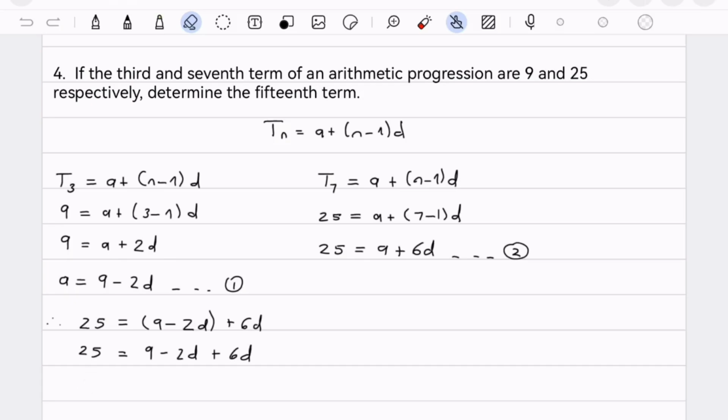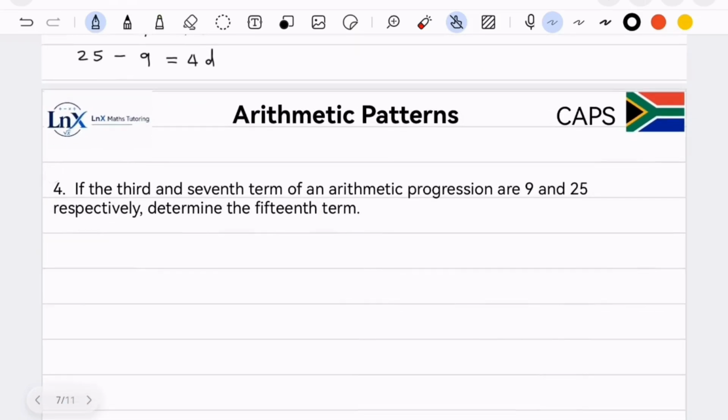So we have 25 equals 9 minus 2d plus 6d. Negative 2d plus 6d should give you 4d. So basically I have 25 minus 9 equals 4d, right? And so 25 minus 9 will give you 16.